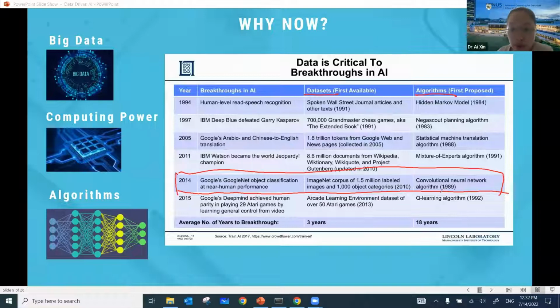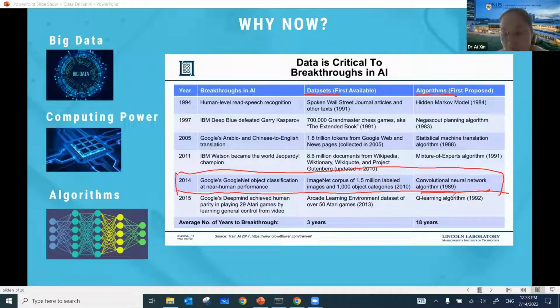This is the convolutional neural network model. This is a model we use to classify cat and dog images, do face recognition, etc. The convolutional neural network was first proposed in 1989, so that's like 40 years ago.